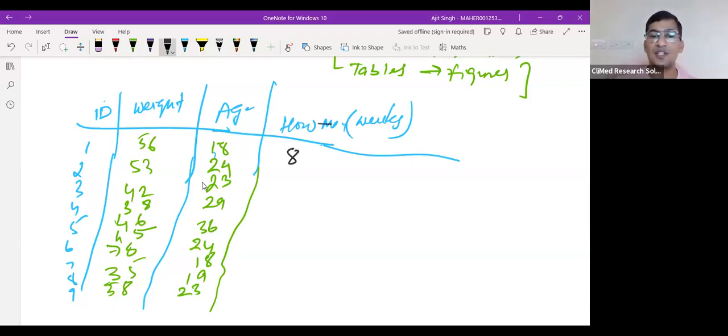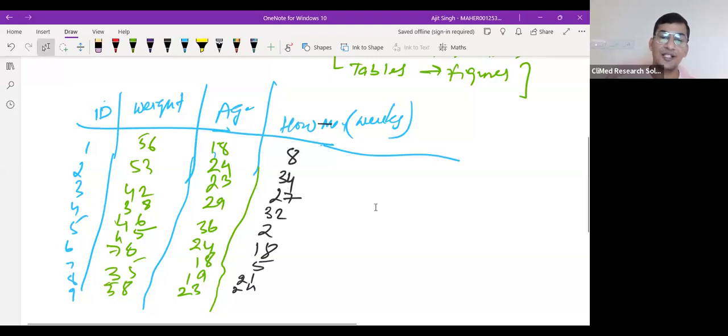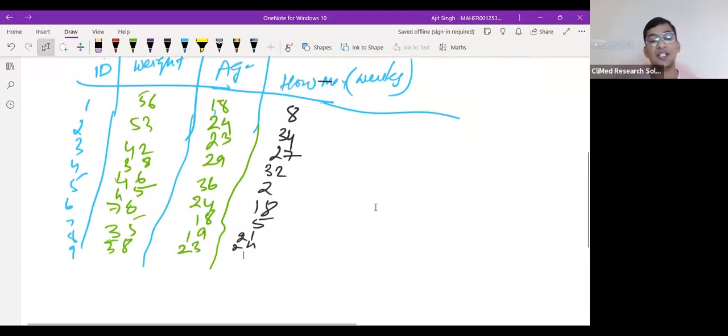Someone is 8 weeks pregnant, someone 34 weeks, someone 27 weeks, someone 32 weeks, someone just 2 weeks, someone 18 weeks, someone 5 weeks, someone 21 weeks and 24 weeks. So this is the data of the study you did, the data you collected by going to the community.